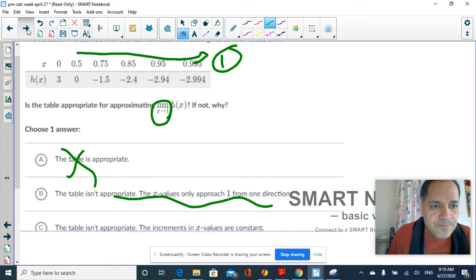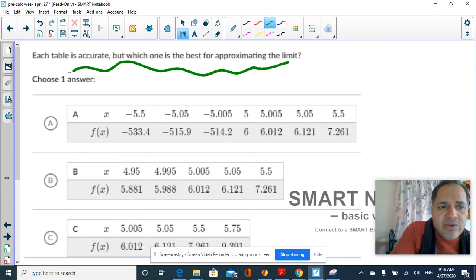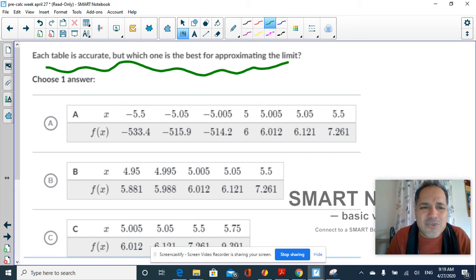One more question. Okay, but each table is accurate. It's perfect here, but which one is the best one? And how do we know? We said you should have the limit from left and right, and you should have what? Small intervals.